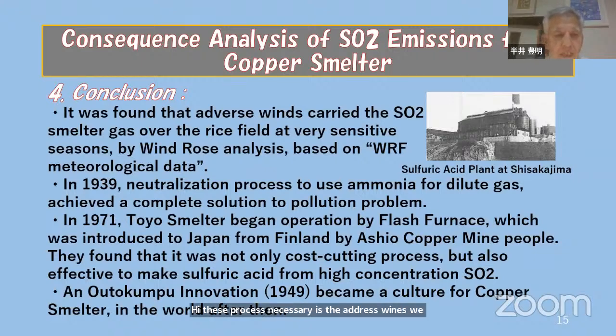And then the new smelter in 1971 was operated with a flash furnace from Finland. This Outokumpu innovation of 1949 became the standard for copper smelters in the world afterwards.